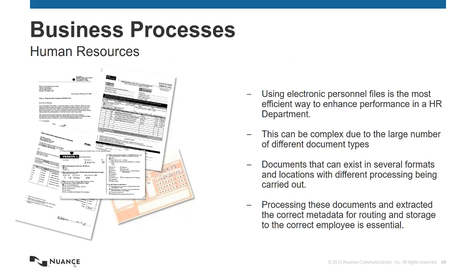Business processes for human resources. Using electronic personnel files is the most efficient way to enhance performance in a HR department. It can be complex due to the large number of different documents or different document processes. Documents can exist in several formats and locations with different processes being carried out, and extracting the correct metadata for routing and storage to the correct employee is essential.